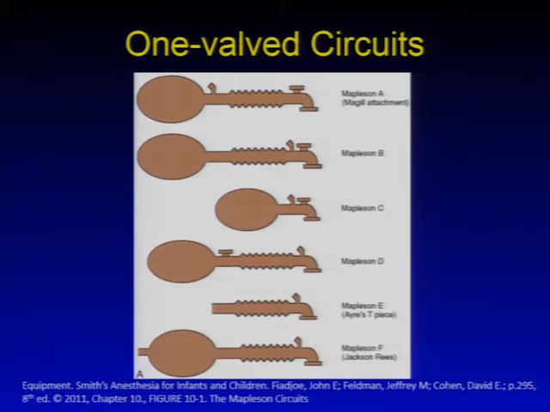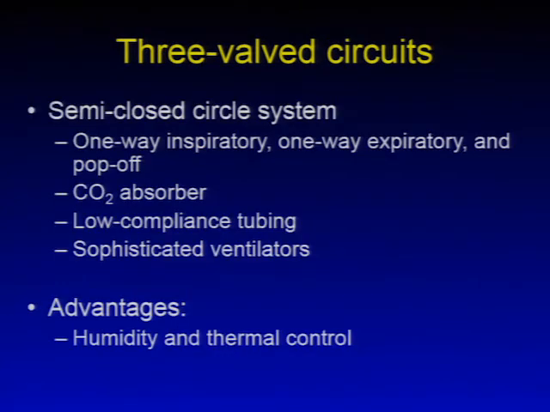The disadvantage of the Mapleson circuits, as mentioned before, is that they result in a loss of heat and humidity, and they can be wasteful of gases. The three-valve circuits, known as the semi-closed circle system, which is what the majority of pediatric and adult cases use today on a modern anesthesia machine, enclose, as mentioned, three valves. There's a one-way inspiratory valve, a one-way expiratory valve, and a pop-off.